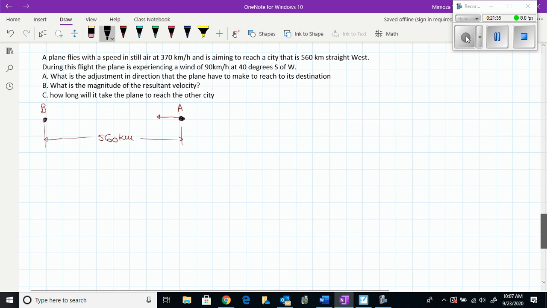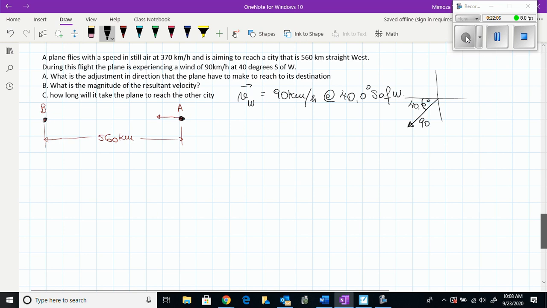During this flight, it is experiencing a wind that is 90 kilometers per hour at 40 degrees south of west, which vectorially is a vector with a magnitude of 90, and the angle here is 40 degrees with the west, between south and west.